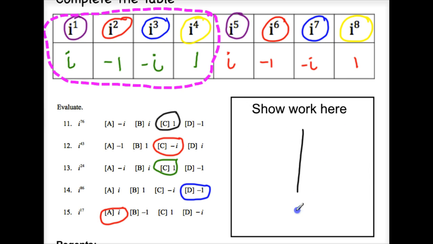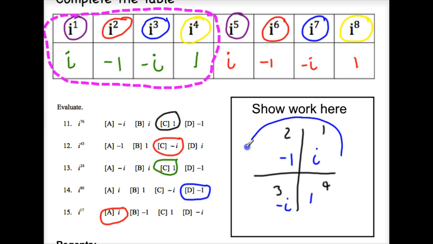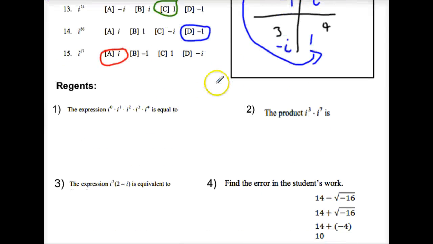I make a thing like this, and I know this is 1, 2, 3, 4 scoops. And then I go i, -1, -i, and 1. This is how I remember it, and I always go counterclockwise.